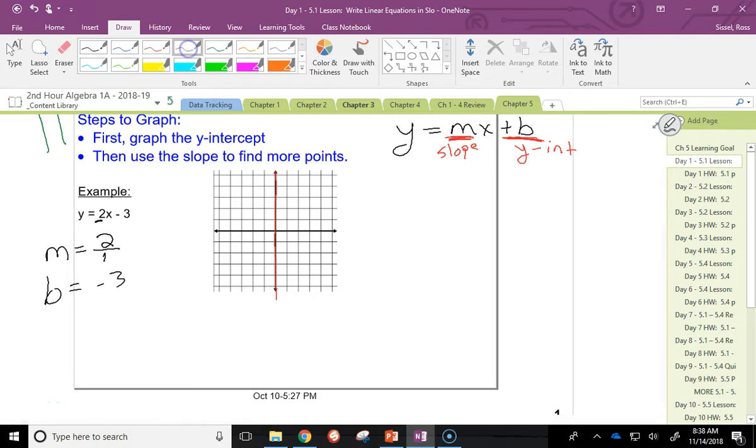So I go on my y-axis, and I'm going to go down 3. 1, 2, 3. That point right there is where my line will cross the y-axis. I know it because it said the y-intercept, the line crosses at -3. Get in the habit of marking what your coordinate points are. This is 0, -3. So I have one of my points.